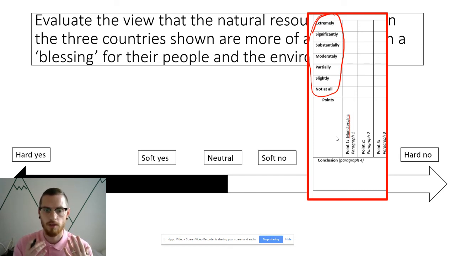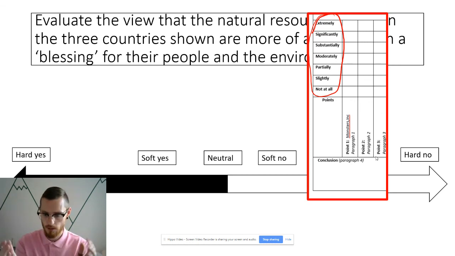So that you're making sure that you're referring to this idea of it being a spectrum, okay, that your points are across that spectrum on both sides of the argument, and you're using the language of talking about how far each point agrees with that side of the argument. Okay, how far does that point agree with it being a blessing? Extremely, significantly, substantially, moderately, partially, slightly, not at all. How far does that point agree with it being a curse? Extremely, significantly, substantially, moderately, partially, slightly, and so on.